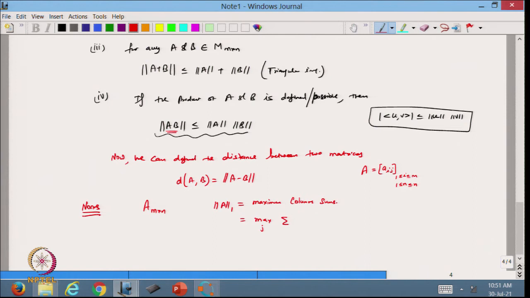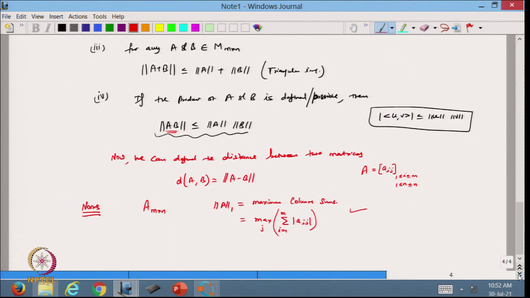I take the first column and take the magnitudes, with i moving from 1 to m, and sum them; then the second column, and then take the maximum of all these. So this is the maximum column sum. This is one of the norms that we can verify satisfies all these conditions. So, this is the one norm.